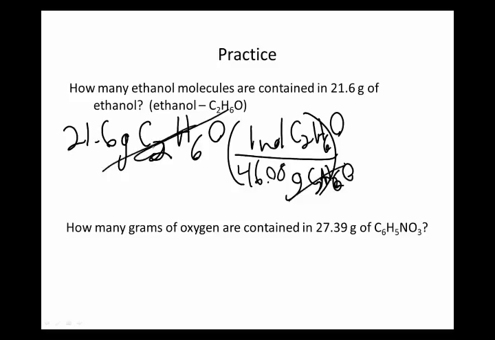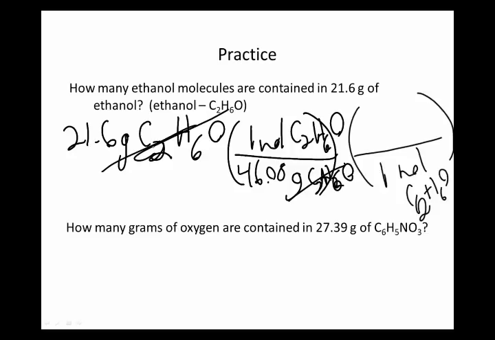But now I want to know how many molecules. Well, we go from moles of C2H6O to 6.022 times 10 to the 23rd C2H6O molecules. So now 21.6 divided by 46.08, times 6.022 times 10 to the 23rd.